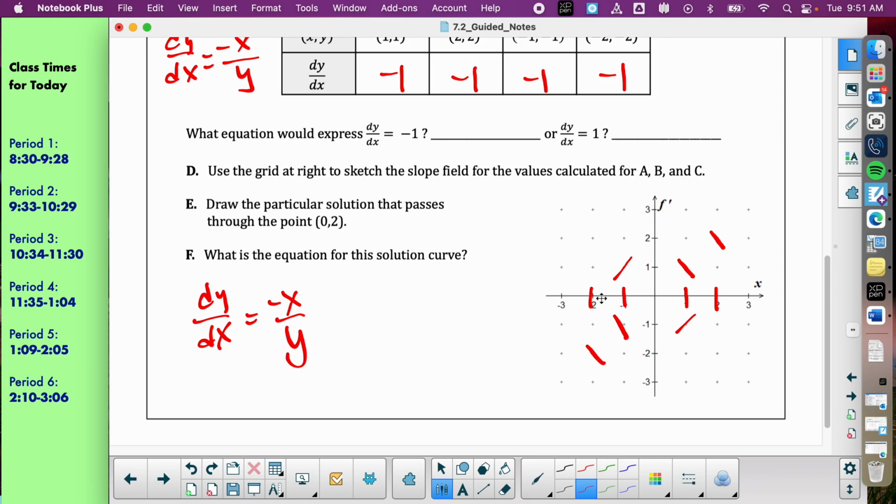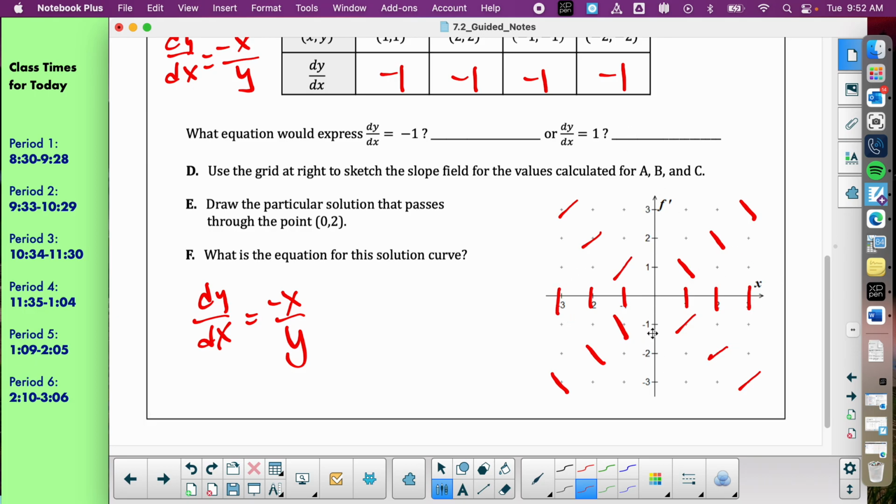Now you 100% can use patterns to help you fill these out. You don't necessarily have to calculate all of them. So I can automatically assume those are the same numbers, so they would also have a slope of -1. These would have a slope of +1. These would all be undefined.